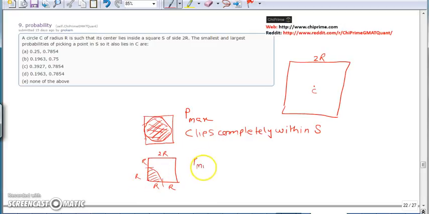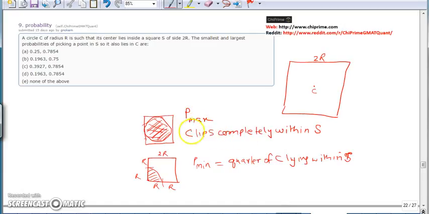So P min occurs in a situation where a quarter of C lies within S, right? Quarter of the circle C lies within S.